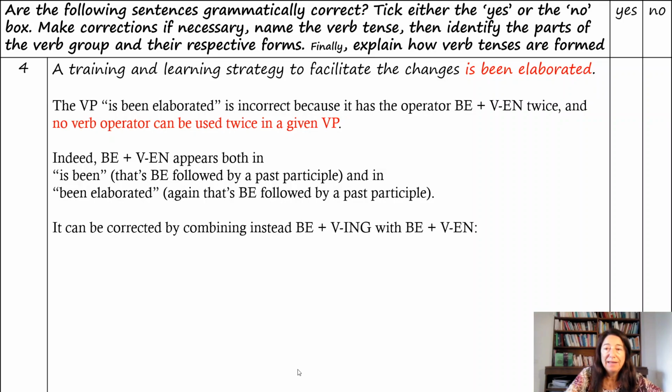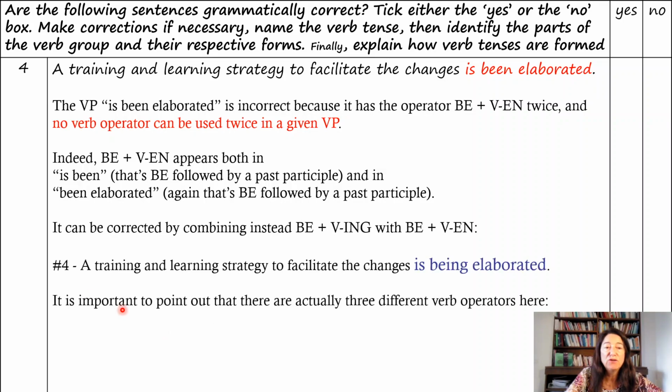So let's do it. The sentence, once corrected, will be: a training and learning strategy to facilitate the changes is being elaborated. And this time it is correct because we have be plus VING here, and then be plus VEN, so that's fine. We do not have the same operator twice.